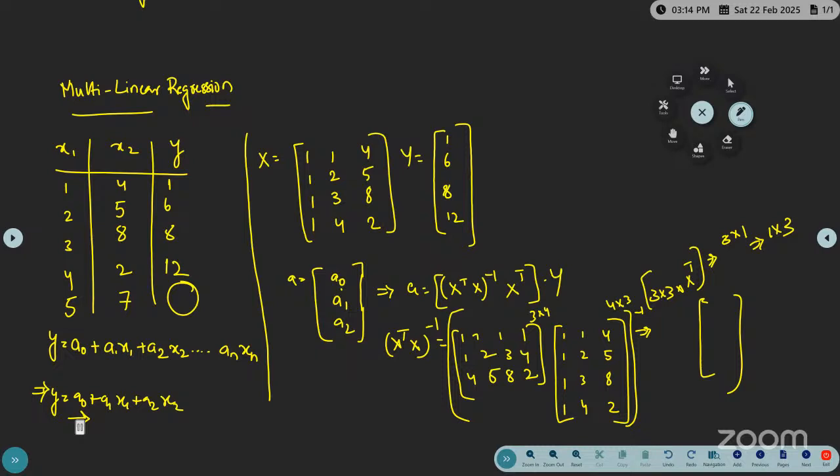So there are a few drawbacks in multilinear regression and linear regression. Okay. The major drawbacks of multilinear regression and linear regression here is that all the points have to be very near to each other.